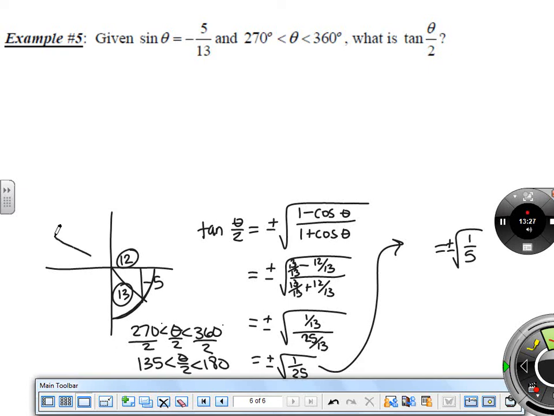So the half angle is somewhere over here, which means it's in quadrant 2. And so it would have a negative and a positive coordinate, so the tangent would be negative. So over here, I'm going to choose the negative value. Oops, and the square root shouldn't be here anymore, I'm sorry, because I took the square root of 1 over 25. So this should just be negative 1/5.